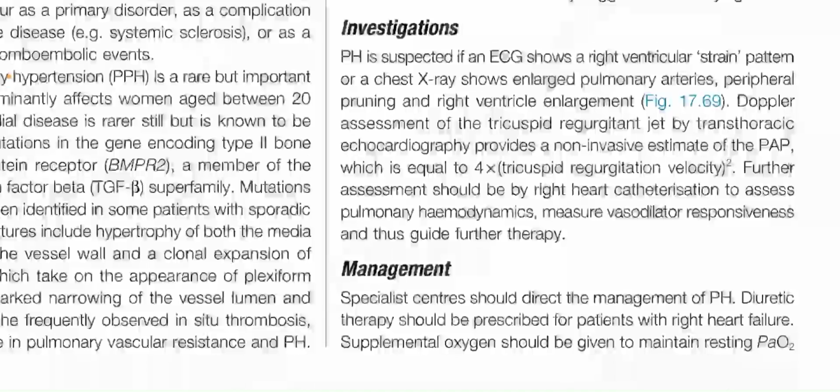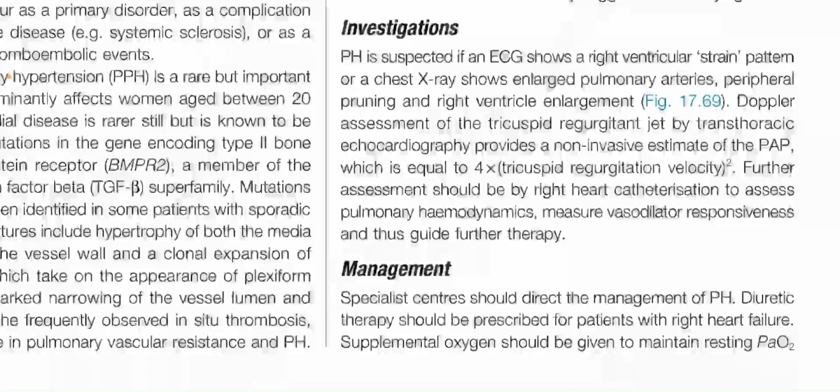Doppler assessment of the tricuspid regurgitant jet by transthoracic echocardiography provides a non-invasive estimate of the pulmonary arterial pressure, which is equal to 4 times tricuspid regurgitation velocity squared. Further assessment should be by right heart catheterization to assess pulmonary hemodynamics, measure vasodilator responsiveness, and thus guide further therapy.